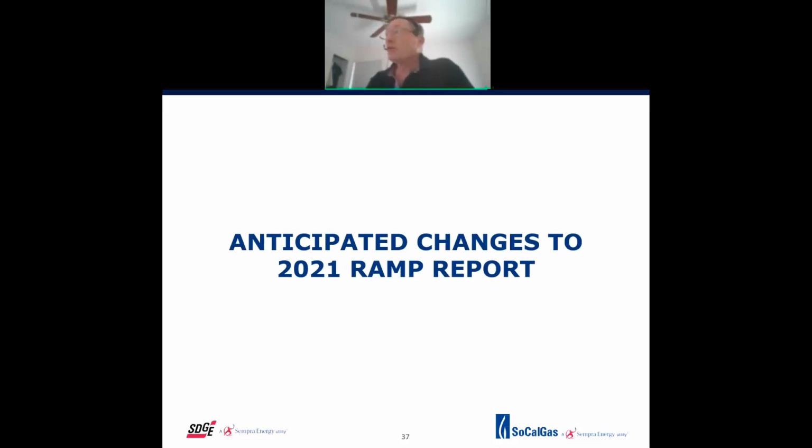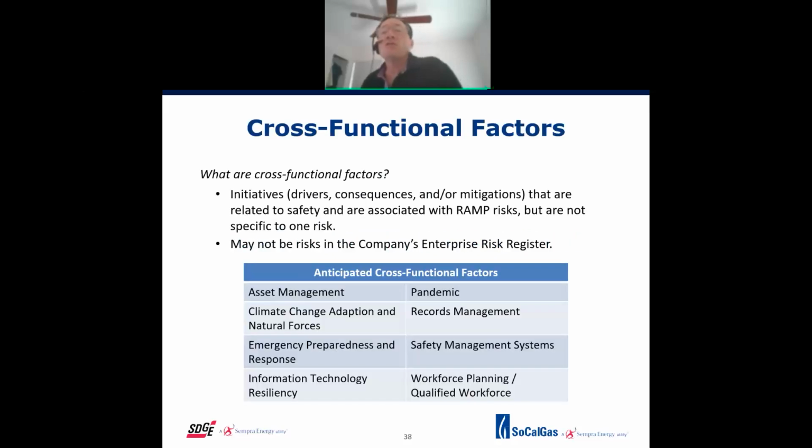As was mentioned earlier, anticipated changes to the RAMP. There is one main change that we are anticipating and looking forward to doing, and that is cross-functional factors. So what are cross-functional factors? Well, we've identified initiatives that could be drivers, consequences, and/or mitigations that are related to safety and are associated with RAMP risks, but not necessarily associated with any one RAMP risk.